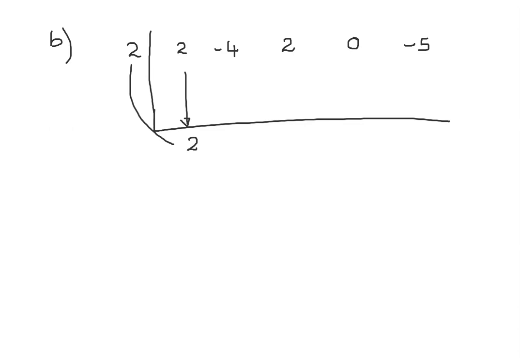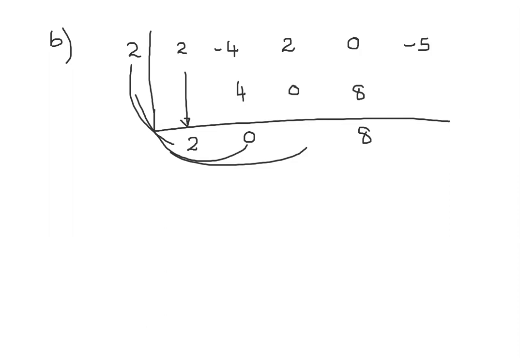2 times 2 is 4. 4 minus 4 is 0. 4 times 2 is 8. 0 plus 8 is, sorry, there I have to put 0 here.